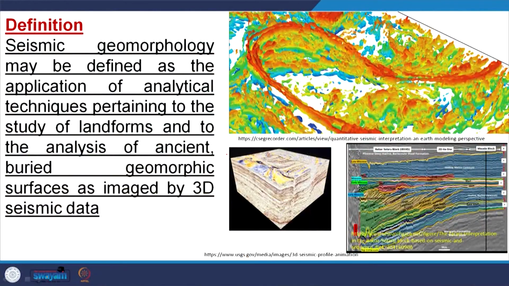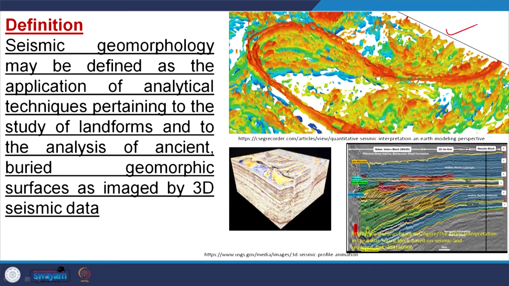Moving forward, what does it mean? What is seismic geomorphology? If you see here, there are three figures. The photographs are taken from Google, and these three indicate the seismic signatures of particular geomorphic and tectonic processes that were acting in the past, and they are preserved in the rock record.